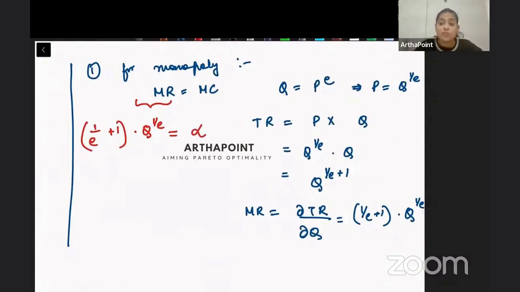Currently, I am solving this for a monopolist, so everywhere I will put M here.